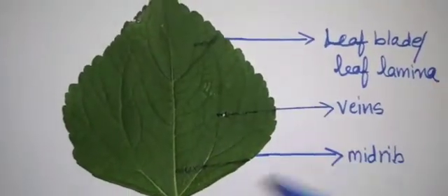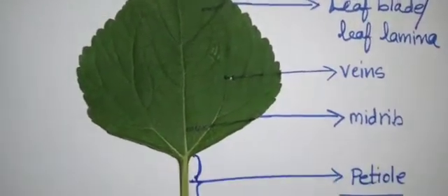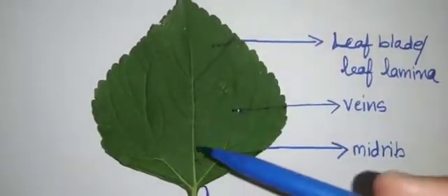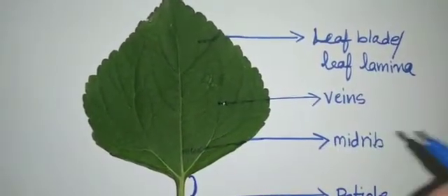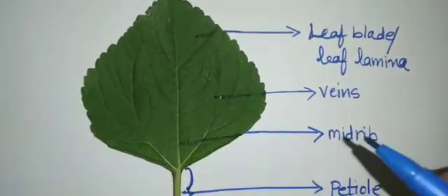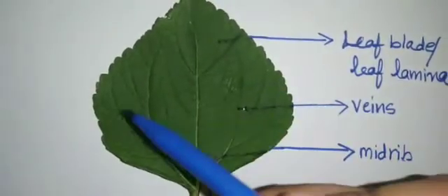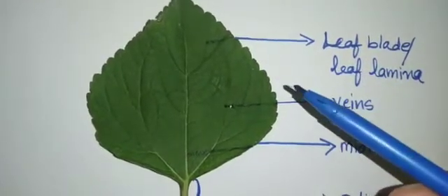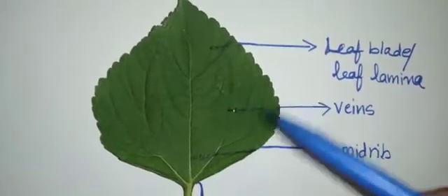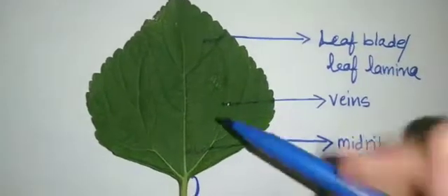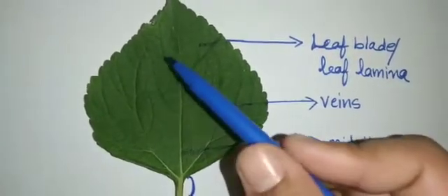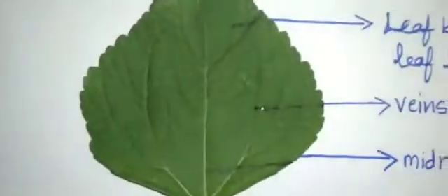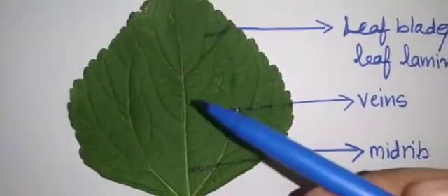Next, the arrangement of these veins on the leaf is called venation. Can you see some small veins in this? So we call it venation. These small veins will transport water and minerals to the leaf, and they also provide support to the leaves. Can you observe the network of lines?